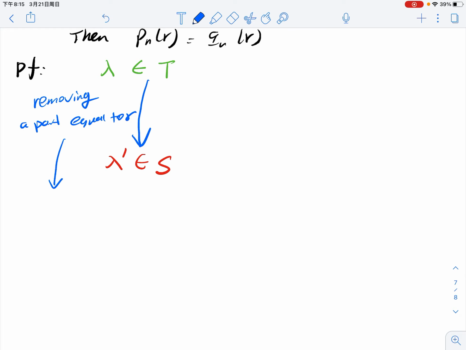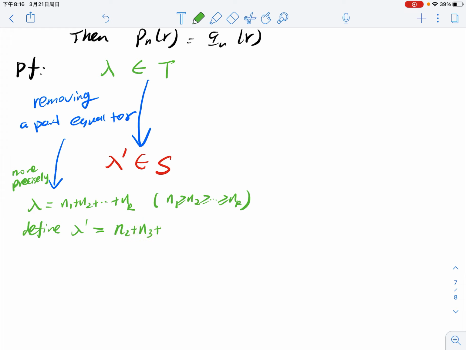More precisely, suppose lambda is N1 plus N2 plus all the way to Nk, and N1 is greater than or equal to N2, greater than or equal to Nk, and define lambda prime equal to N2 plus N3 plus all the way to Nk.